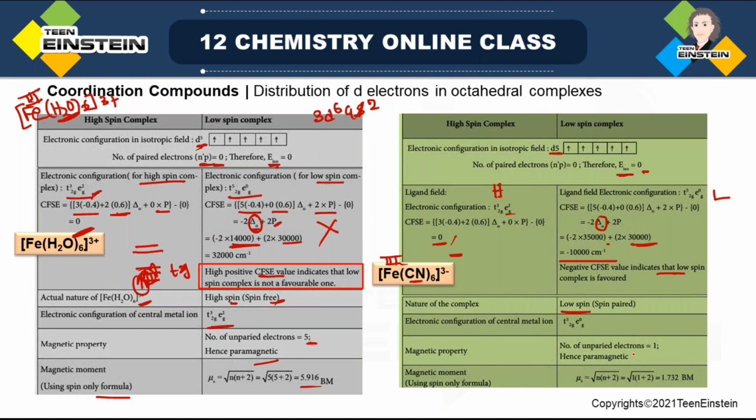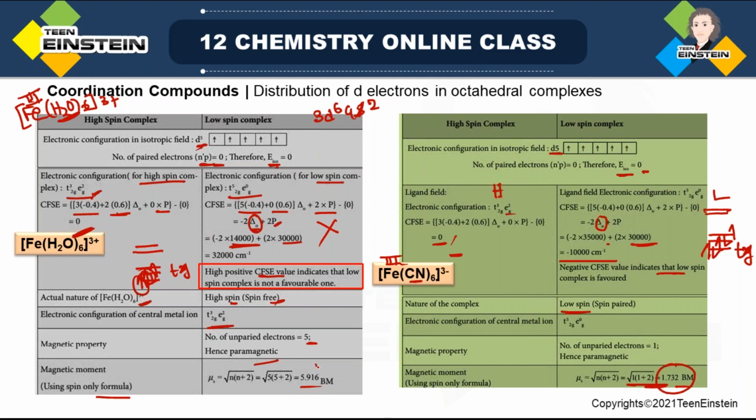Magnetic property, see, now you have only one unpaired electron. Why? Because it is 2 pair and 1 unpaired electron in T2G. So that is why now the mu spin value, spin only value, is 1.732.